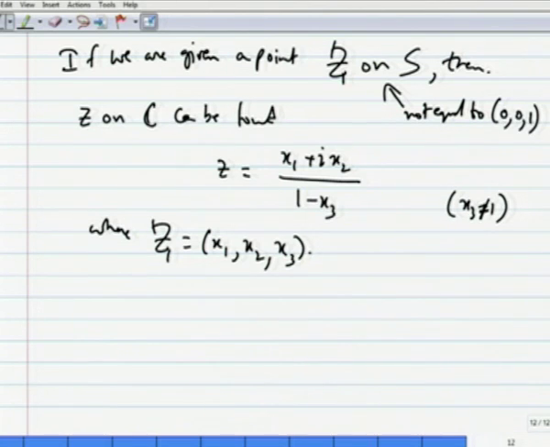So, by this kind of association, corresponding to each point on the sphere there is a point on the complex plane, and corresponding to each point on the complex plane there is a point on the sphere. So, there is a one-to-one correspondence between points on the sphere and the complex plane. We actually have the equations for them.